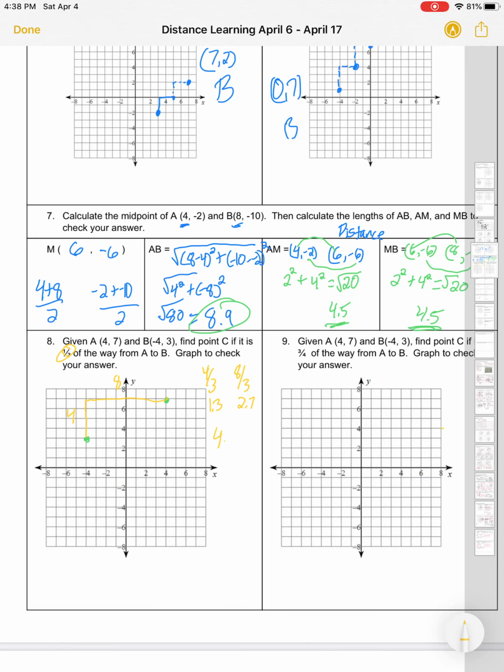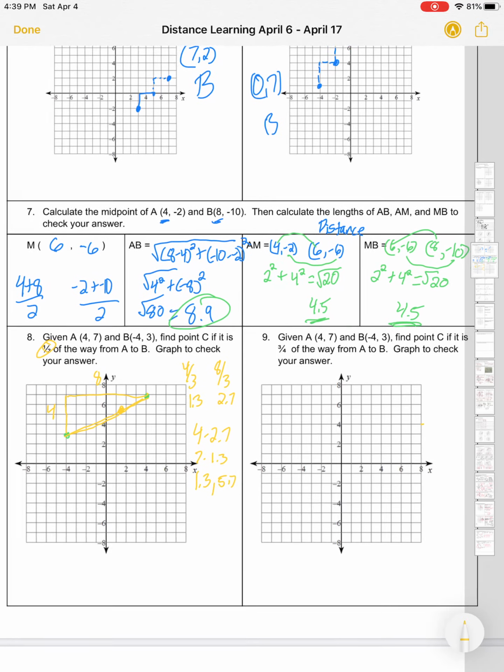That would be subtracting it, so 4 minus 2.7 is 1.3. And then you're going down 1.3, so 7 minus 1.3 would give you 5.7. So if we did 1.3, 5.7, it would be right there, which is about a third of the way between those dots.